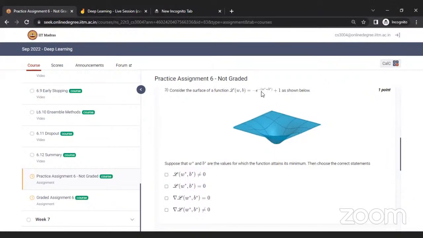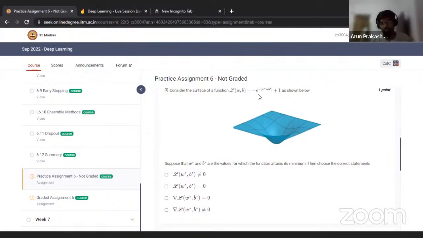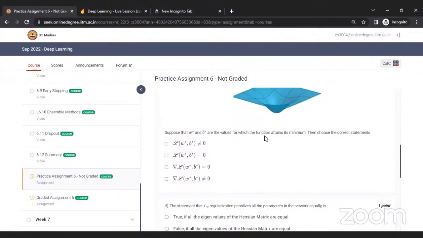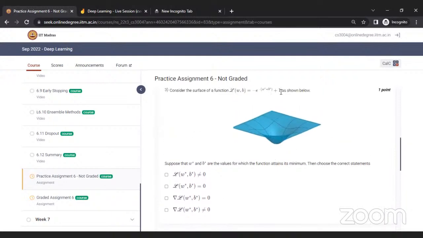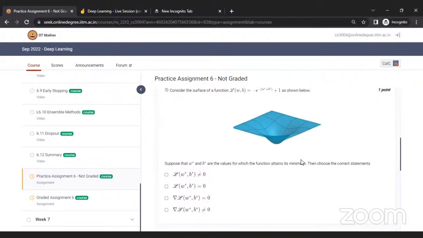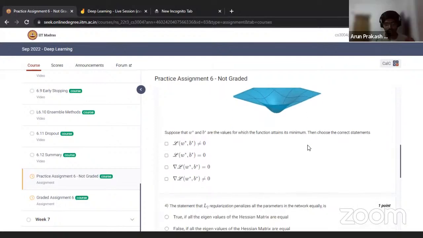So if you substitute 0, 0, then it is minus e power 0, which is minus 1 plus 1. That's an easy one. Of course, this added constant makes this difference. We say the loss is always greater than 0, so we have to add this constant so that the surface itself is always greater than 0.